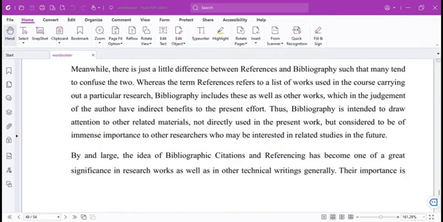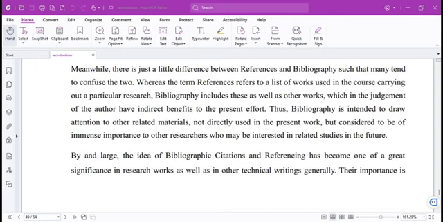Like we said, you are not the first person that did that work, and of course, you're not going to be the last person to work in that area. So this bibliography, in as much as you didn't use those materials, will also be of help to other people in future who may want to work in such an area. It will help them to make references to those particular works.